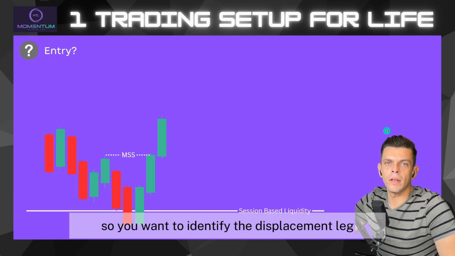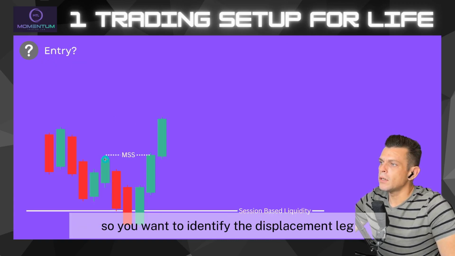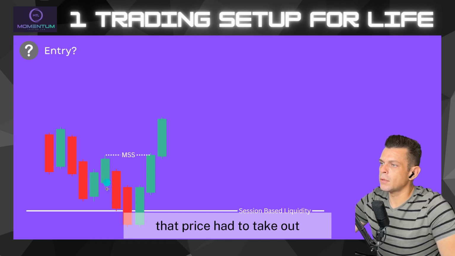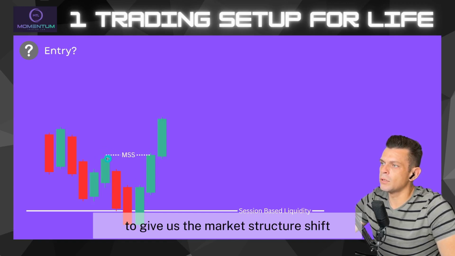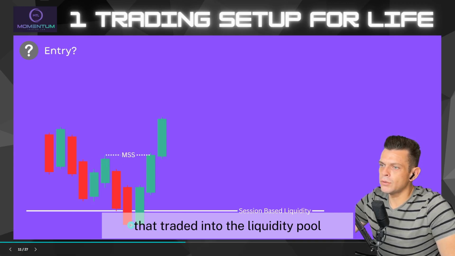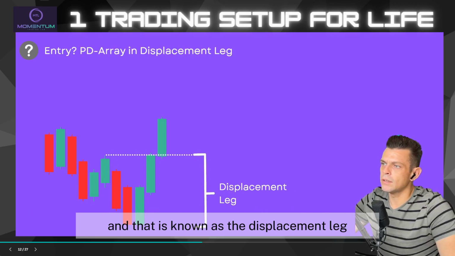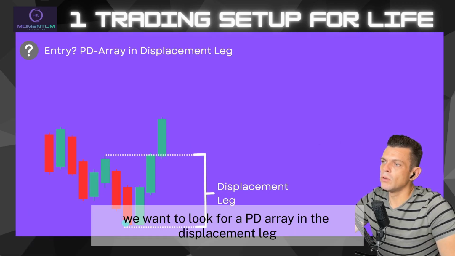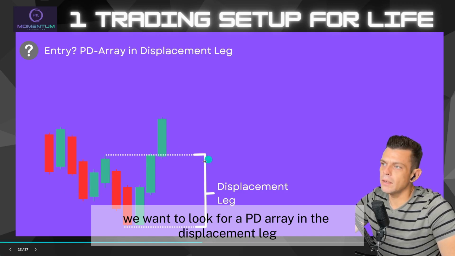Then the next one is the entry model. So you want to identify the displacement leg. So if we look at this high that price had to take out to give us the market structure shift, we are going to look at that high and the low that traded into the liquidity pool, and that is known as the displacement leg. So we want to look for a PD array in the displacement leg.